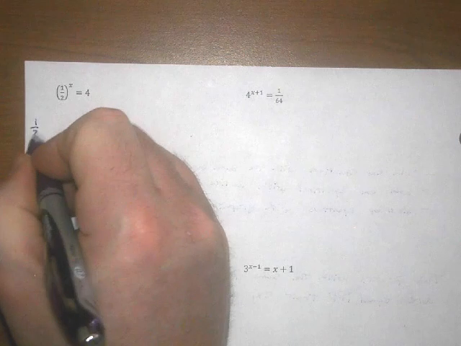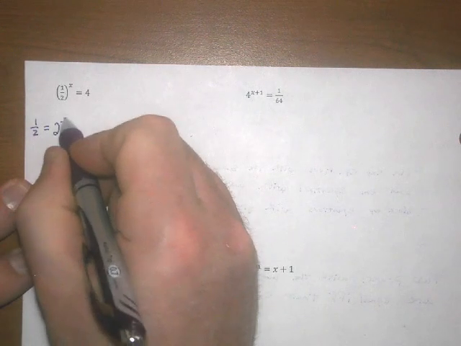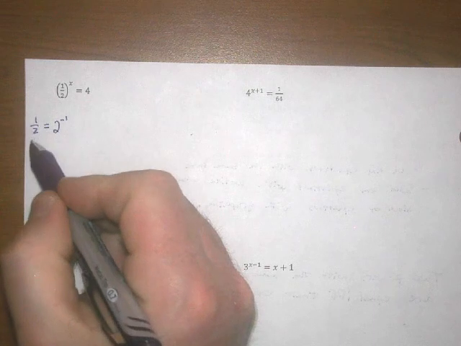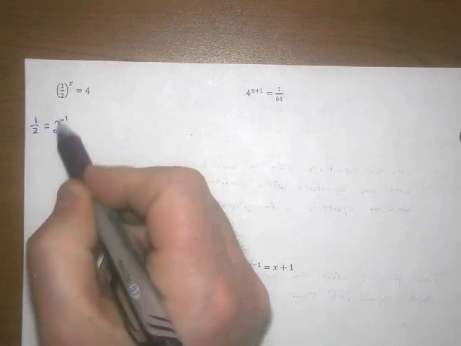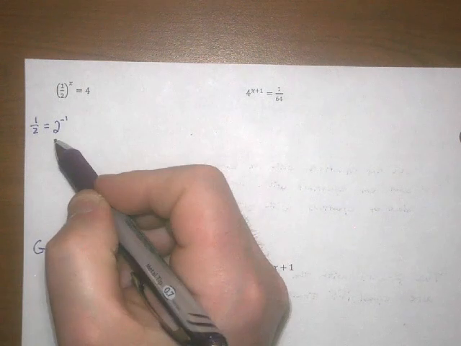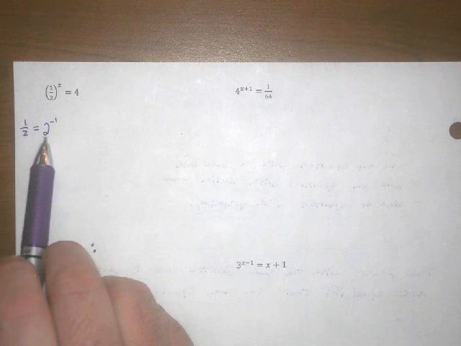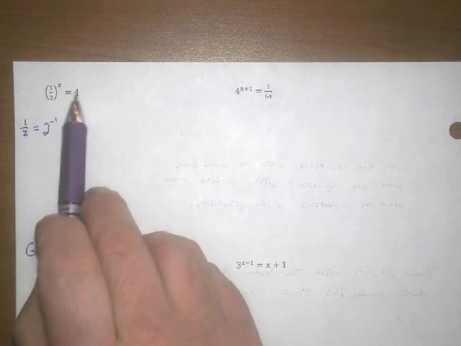So what I mean by that is, if I have 1 over 2, I can change that 1 over 2, ladies and gentlemen, to 2 to the minus 1. So again, we're kind of reversing what we did back when we were playing with our negative powers. So anytime you have a number that is in the bottom of a fraction, we can always change it back to a negative exponent to help us solve the equation that we have here.